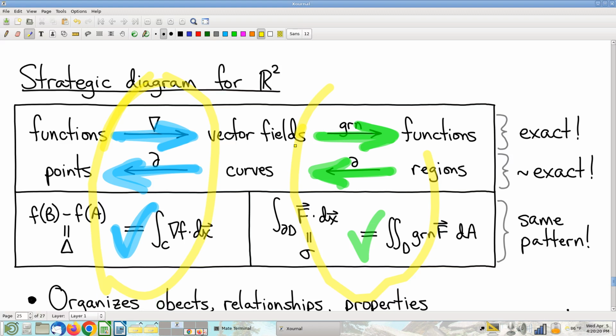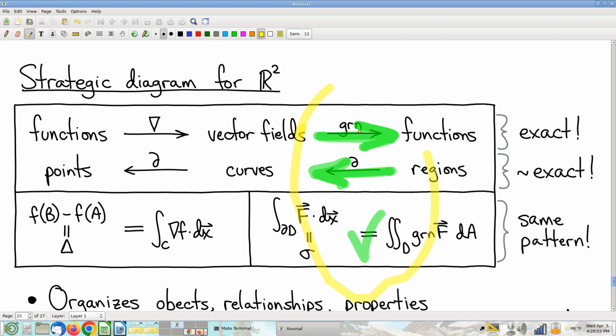I memorized the pattern when I was y'all's age. This diagram is emblazoned on the back of my eyelids. I couldn't forget this if I tried. And because I'm very comfortable with the diagram, and the pattern is simple, every time I need one of these theorems, I just think about the diagram. Okay, left, right, boom, theorem. So, I think that's pretty interesting. I hope you'll find that to be useful.